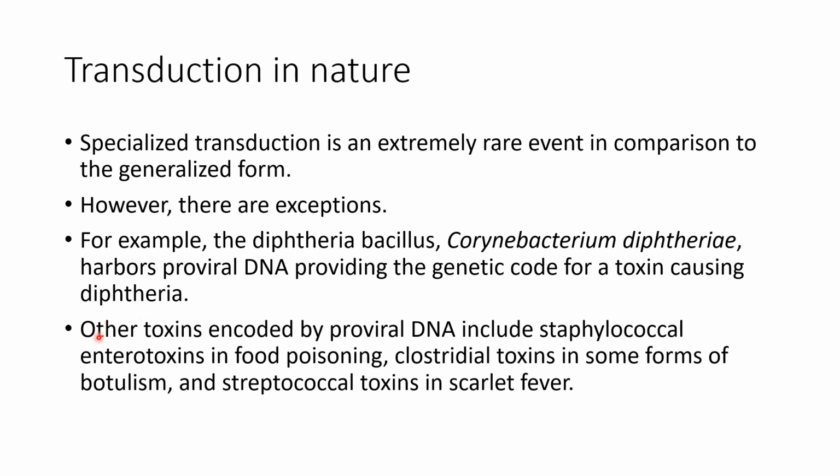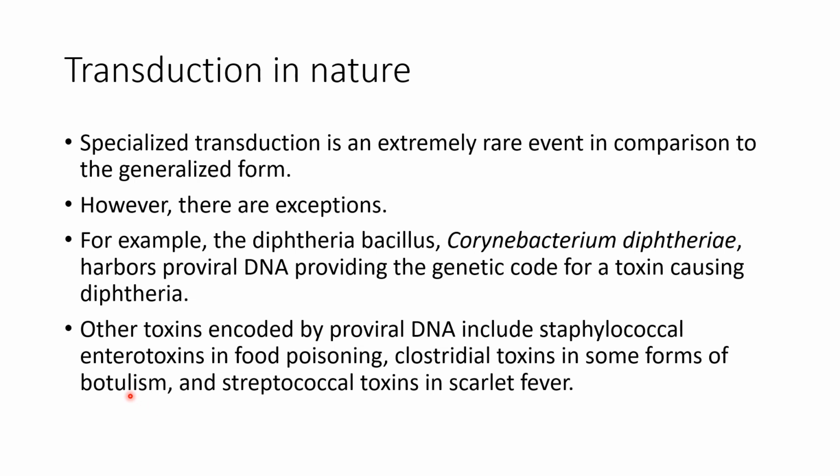Same way, there are many other toxins which are encoded by this prophage DNA. For example, the staphylococcal enterotoxin, which is responsible for food poisoning in human beings. The clostridial toxin, which is responsible for botulism, again a food poisoning agent, and also streptococcal toxins, which are responsible for scarlet fever.